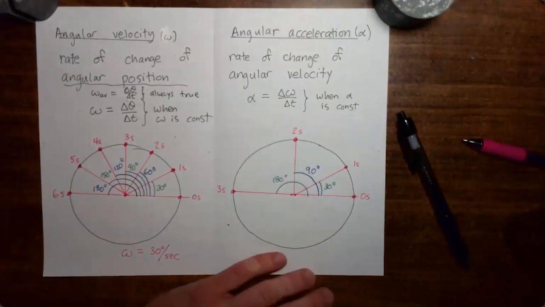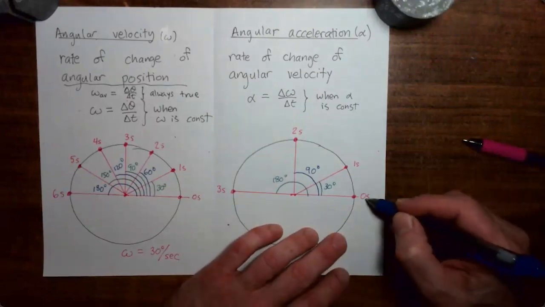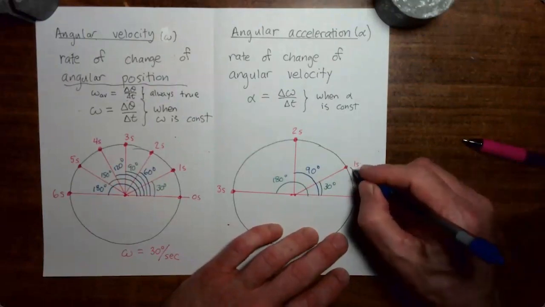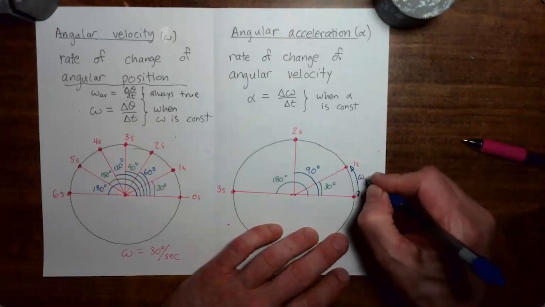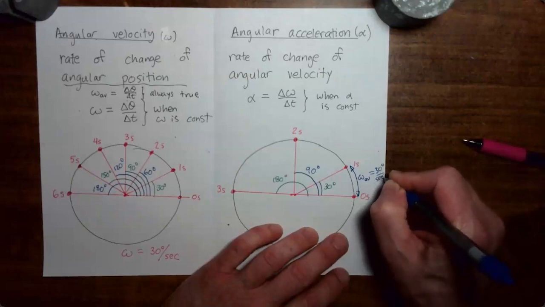So what was my angular acceleration for that motion? Well, let's work it out by finding the average angular velocity for each 1 second time interval. For that first 1 second time interval, from time 0 seconds to time 1 second, I went through 30 degrees in 1 second. So my average angular velocity for that motion would be 30 degrees per second.